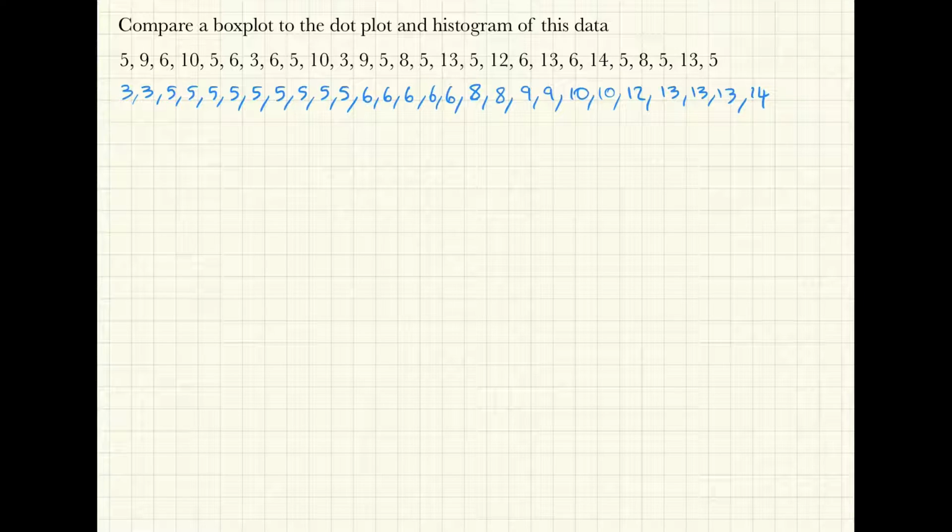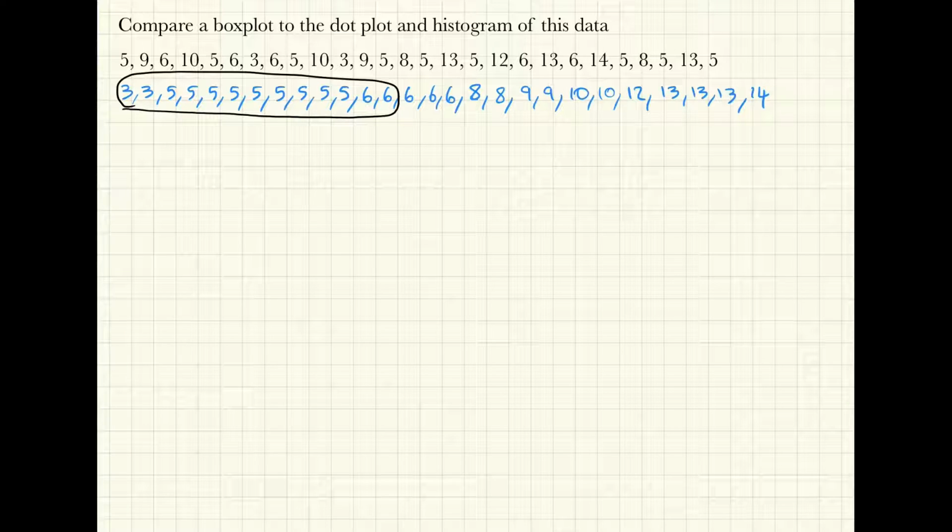1, 2, 3, 4, 5, 6, 7, 8, 9, 10, 11, 12, 13. I've now encapsulated the first half of my data. That means the last half of my data will also be 13 numbers. Going back from the end, 1, 2, 3, 4, 5, 6, 7, 8, 9, 10, 11, 12, 13.